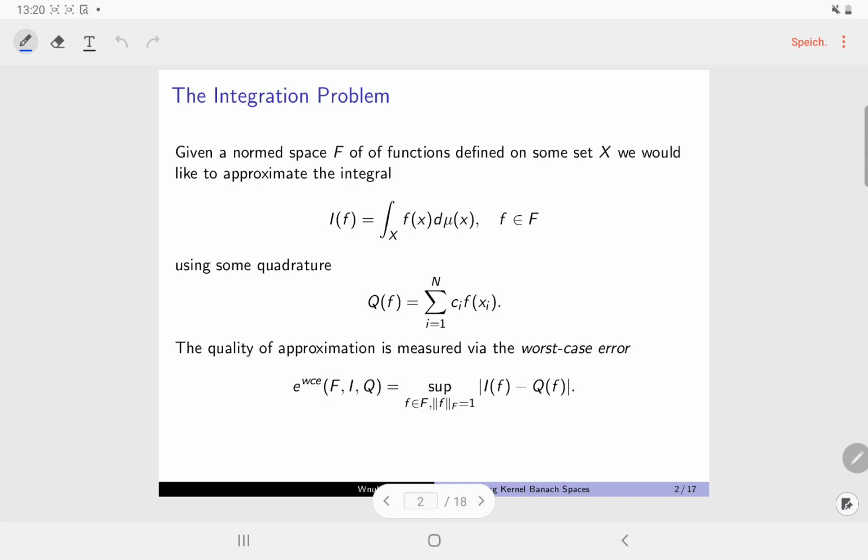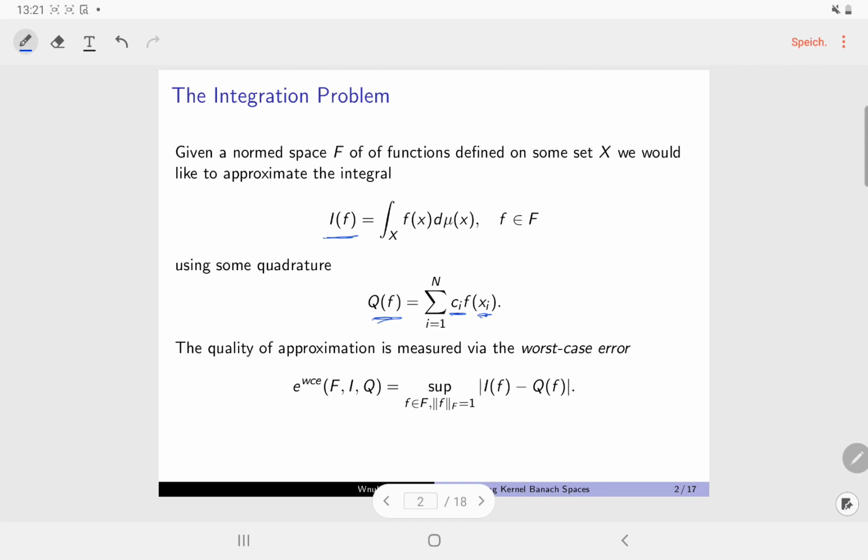The main problem we're considering now is the numerical integration problem. That is, we would like to approximate the integral of some function f via a quadrature Q. And this quadrature evaluates f at points x1 up to xn and assigns weights c1 up to cn to those evaluations.